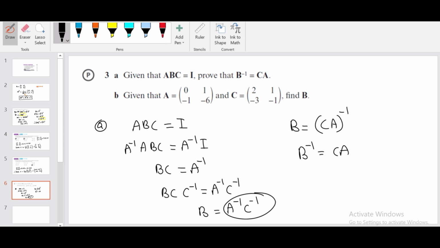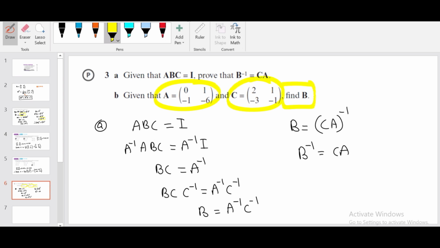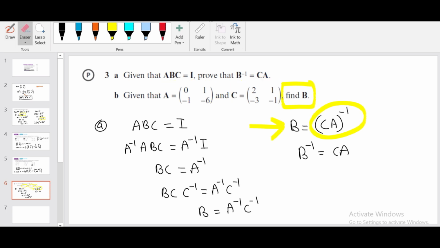Understand? Okay. So using that, given that A is given, C is given, they want you to find B. Instead of finding B, we are going to find CA inverse. Okay, let's multiply C and A first.